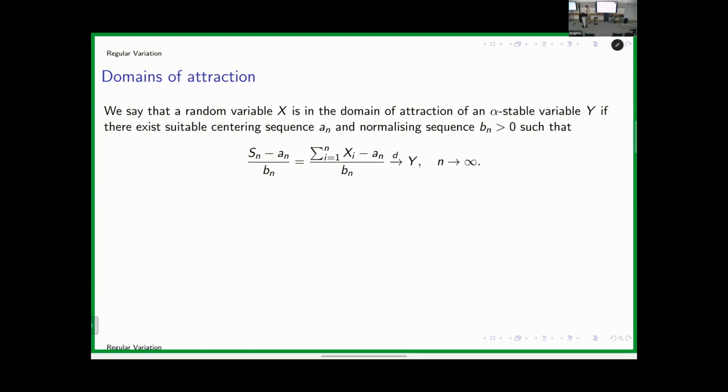Since y is alpha stable, it has many properties: it has a density, it's homogeneous, everything. Essentially, you can understand this as the convergence of the distribution function of the thing on the left to that of the right.